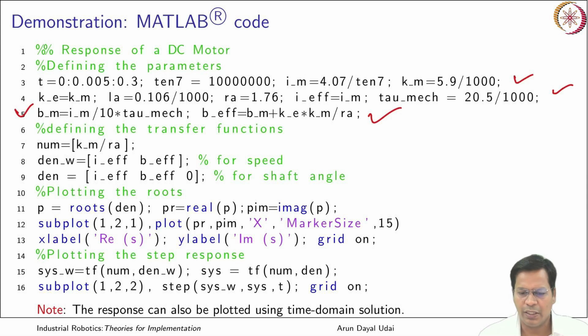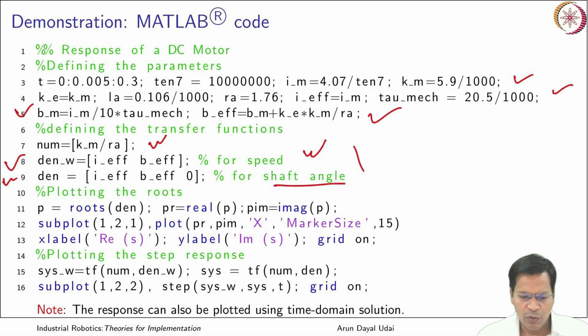Everything that we did analytically just now, we can put into MATLAB. The numerator has the coefficient Km by Ra. For the speed, the denominator is given by the polynomial I and B. Similarly, the denominator for the shaft angle is I, B and 0.